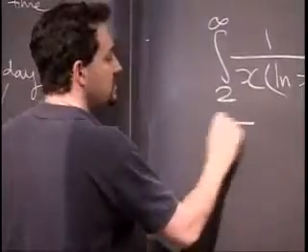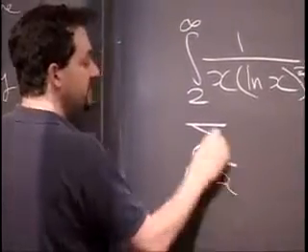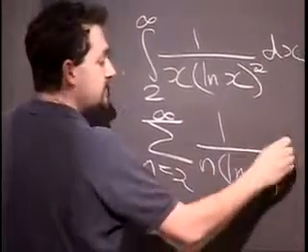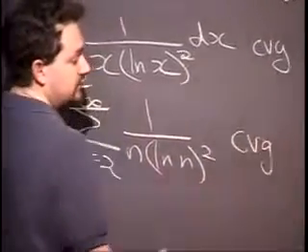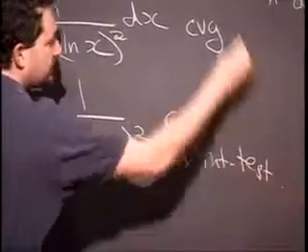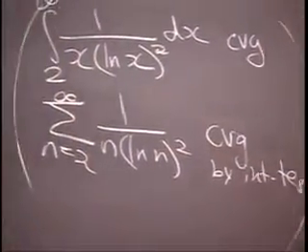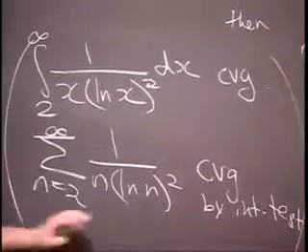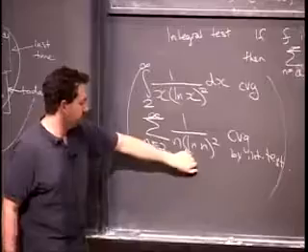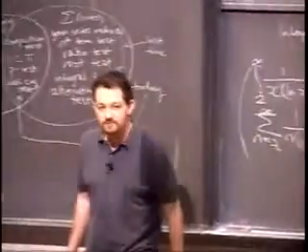So by repeating the same details, you can see that this converges as well by the integral test. I'm giving you a very brief version of it because I want to do a lot of other stuff. But just go and repeat the previous argument and convince yourself that that series converges.